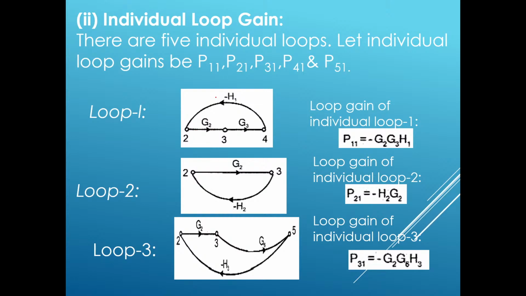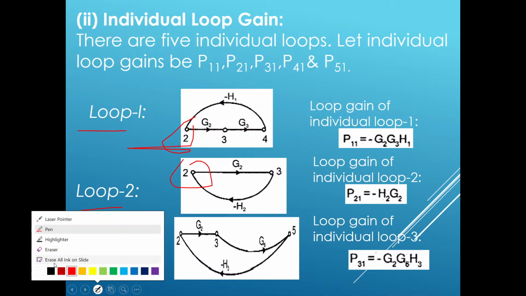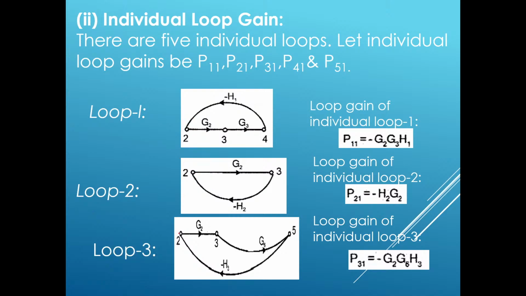So compare loop 1 with loop 2. Is there any common node? 2 is there. So it's not a non-touching loop. Loop 3 and loop 2 also have common nodes, so they are also not non-touching loops.